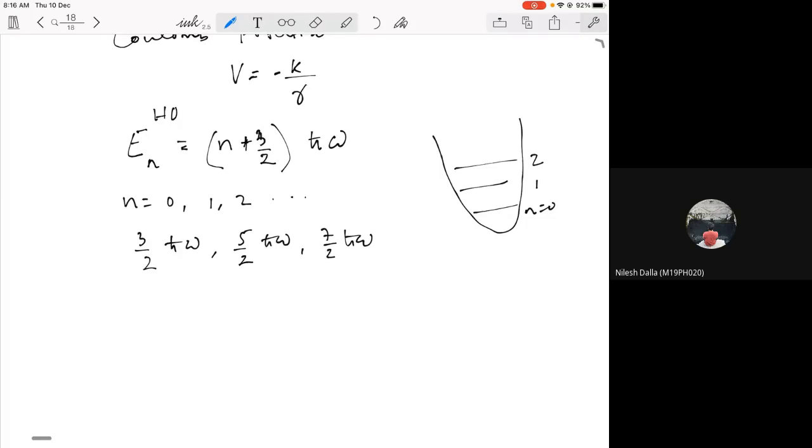Rather, what we take in that case is a radial quantum number and an angular quantum number. You can then write your energy as (2nr + L + 3/2) ħω. Here nr and L are again quantum numbers. The radial quantum number arises because now you separate your wave function into a radial part and an angular part.